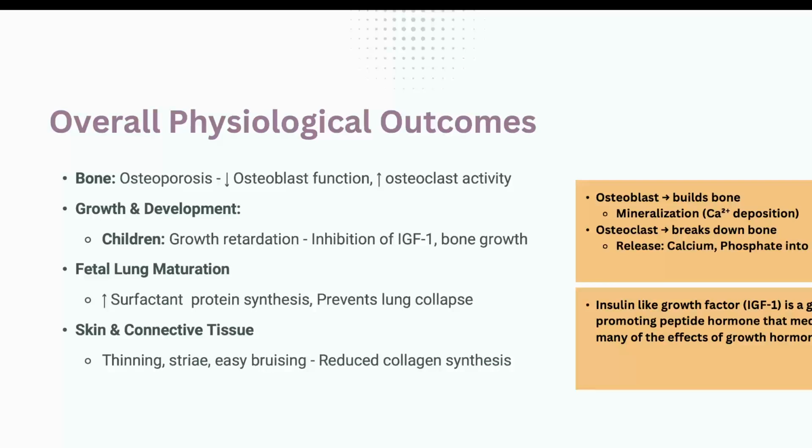So when we say osteoclast activity increases, it means demineralization increases. When the osteoblast function decreases, it means mineralization decreases. So this leads to demineralization and weakens the bone structure, leading to osteoporosis.